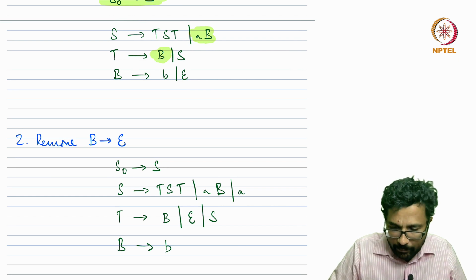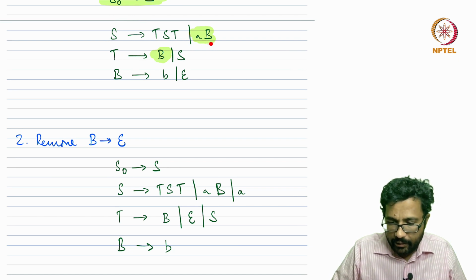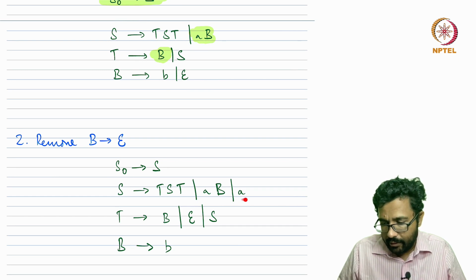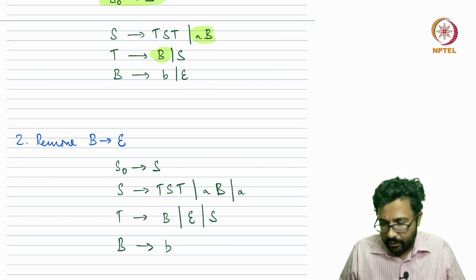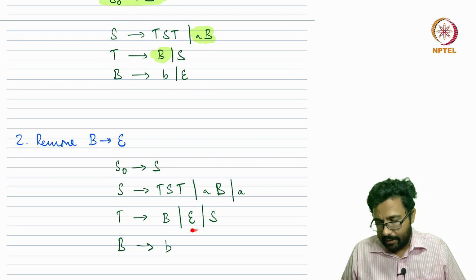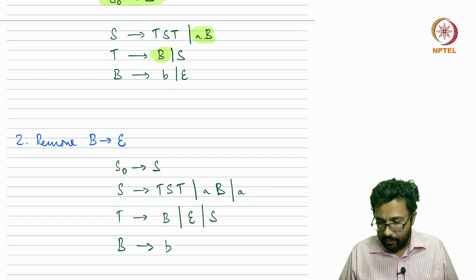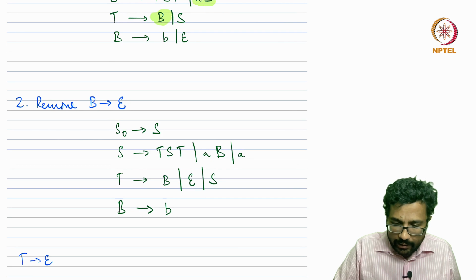Here we have a B on the right hand side, and the possibilities when B went to epsilon were that this had to be replaced by small a, and here we had B itself, so B has to be retained, and then we also added that when B goes to epsilon, this has to be epsilon.